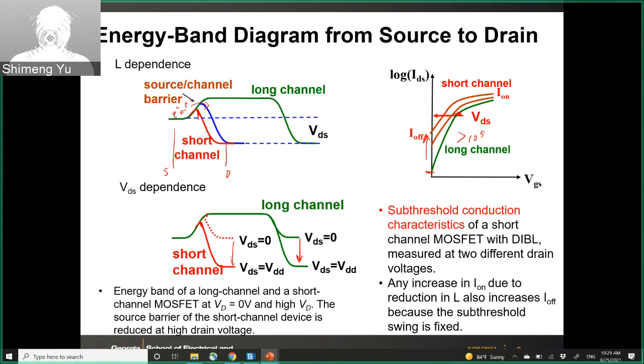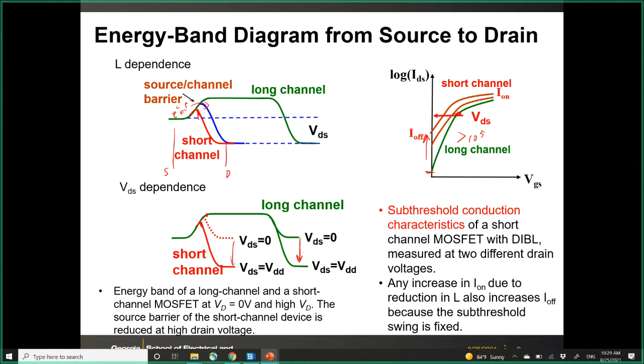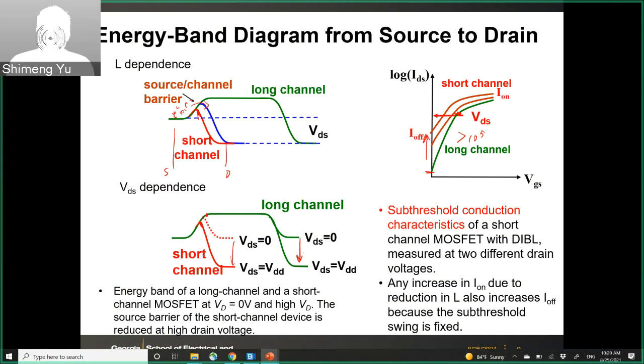It becomes more and more difficult to turn off the channel because the drain is so close to the source. So those are the considerations we need to basically optimize the transistor structure to compensate for some of those non-ideal effects.